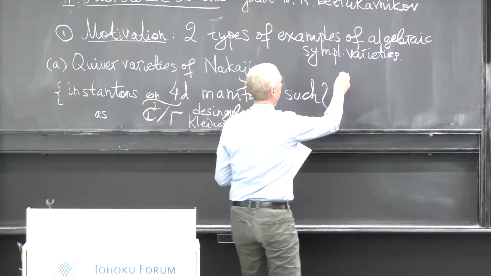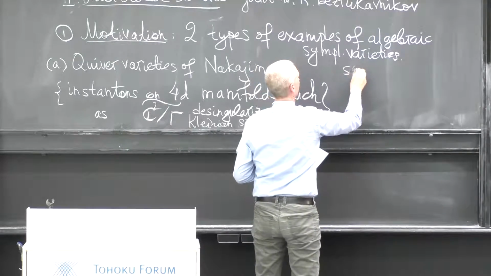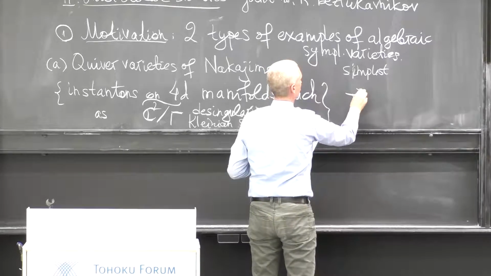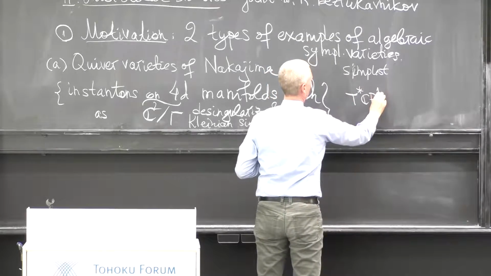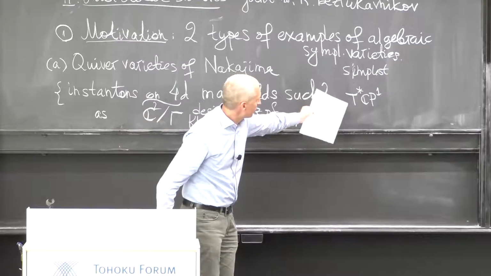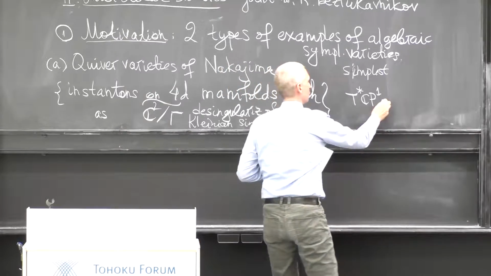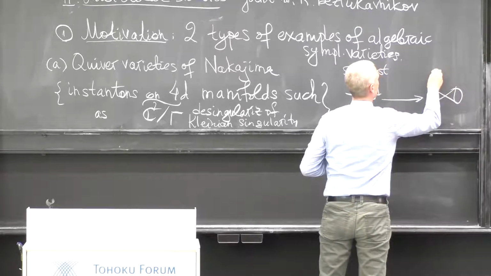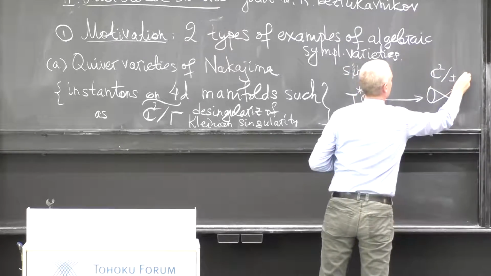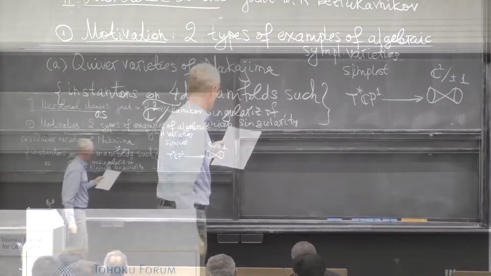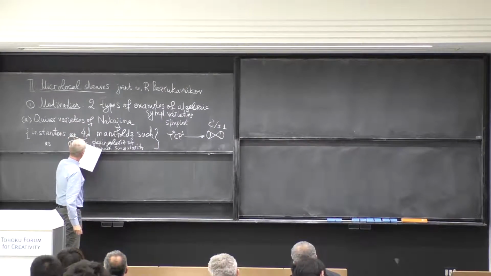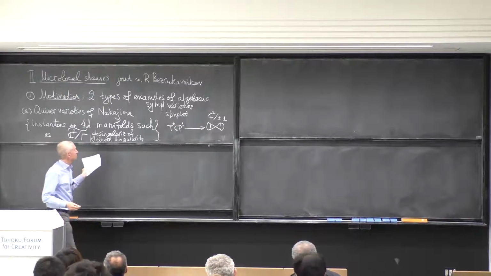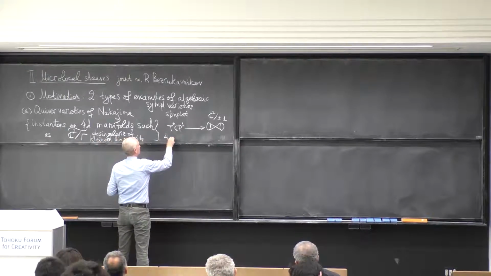And the simplest example would be the cotangent bundle to CP1. So really, from the real point of view, a four-dimensional manifold, which desingularizes a quadratic cone, which is simply C2 modulo plus minus 1. So this type of symplectic manifolds is related to four-dimensional geometry.